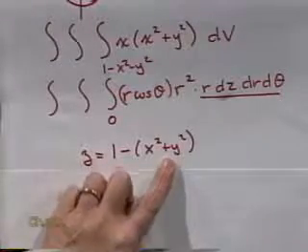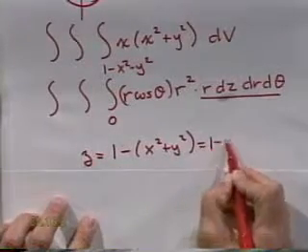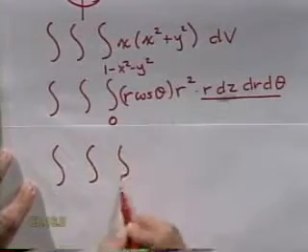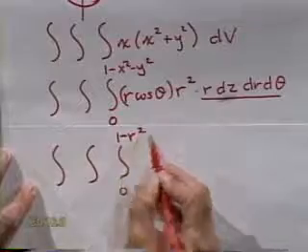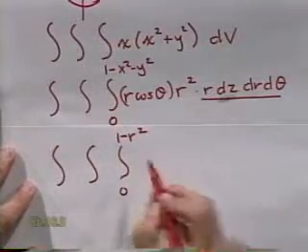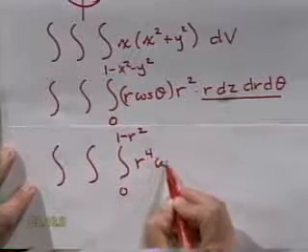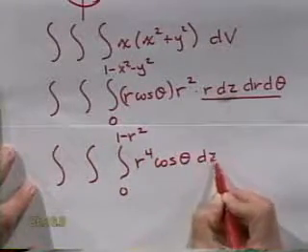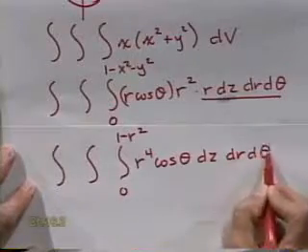We can replace the x squared plus y squared with r squared. And so my limits of integration are going to go from 0 to 1 minus r squared. Now notice, we have an r times an r squared times an r. So it's going to be an r to the 4th cosine theta, and then dz dr d theta.